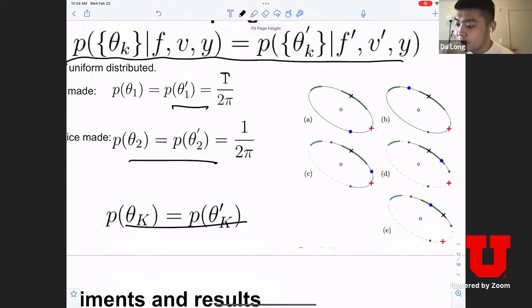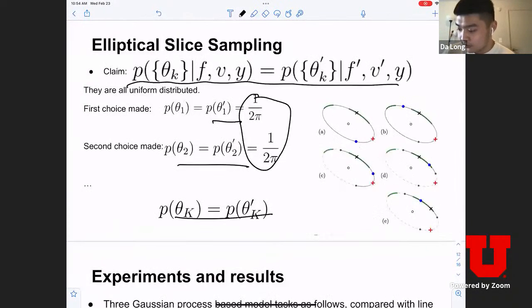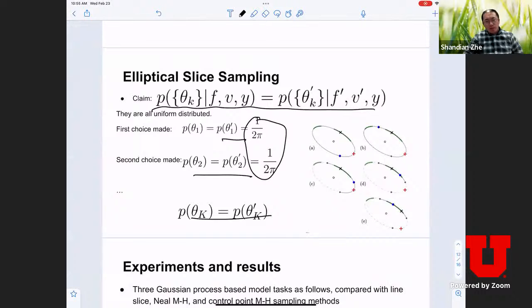Just the first two choices you make have probability 1 divided by 2 pi. But for the others, because you shrink the ellipse, it will not be 1 divided by 2 pi. But they are equal, as long as it's reversible. This is a reverse procedure.